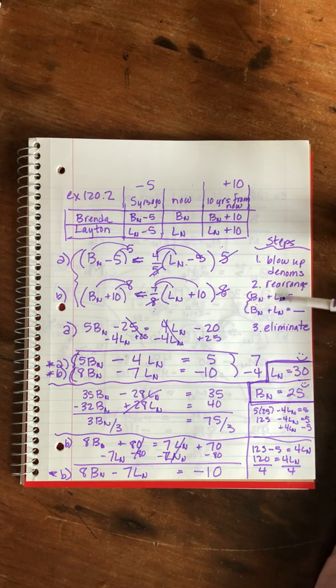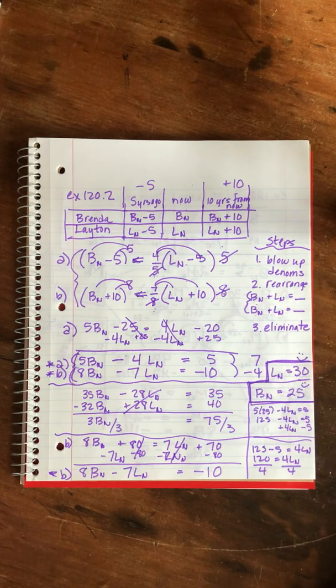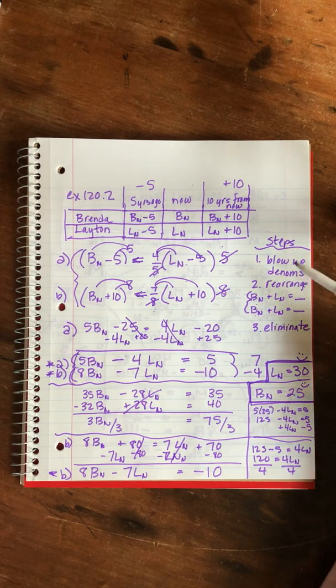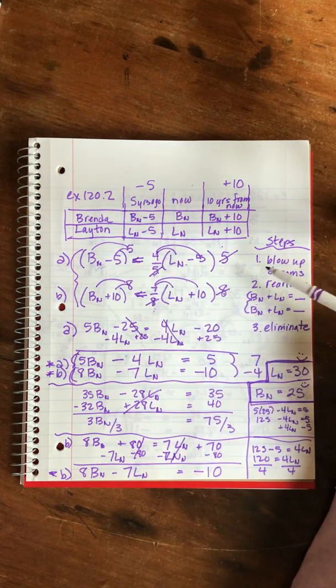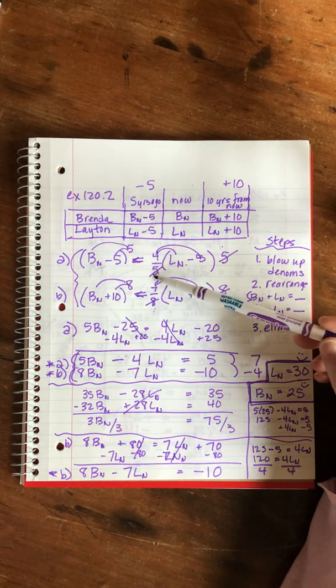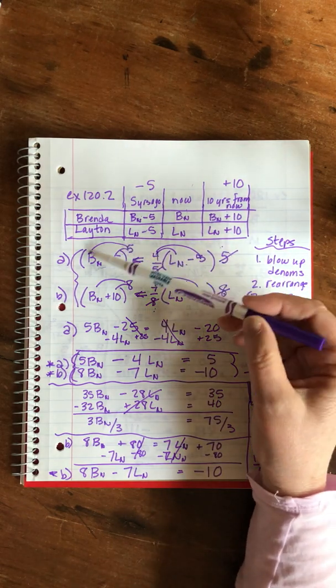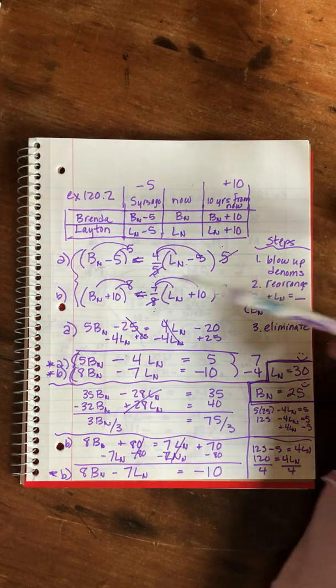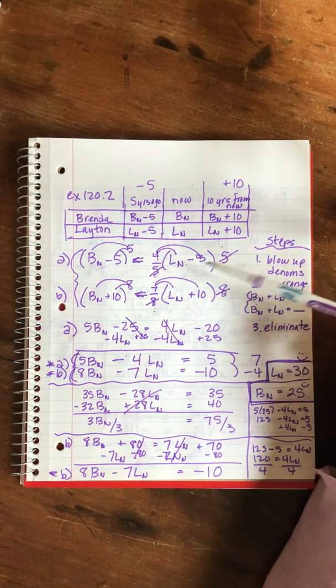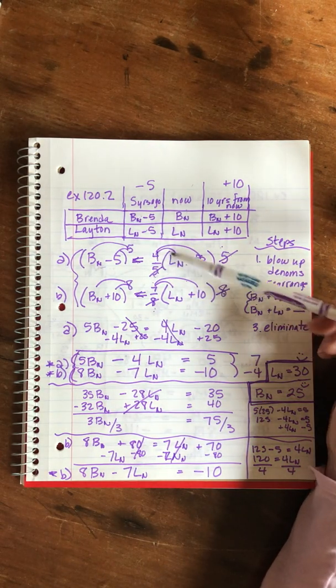That's why it's important that we write them in the matching format. And then we go ahead with our elimination. Okay? And then we showed here that when you blow up the denominators, you cancel on the side with the denominator, and then the other side has a new distribution. This one also has a distribution because you blow up the denominator, but the numerator still stays.